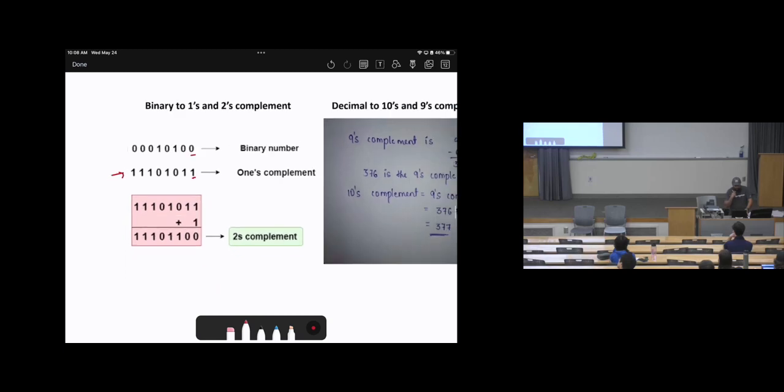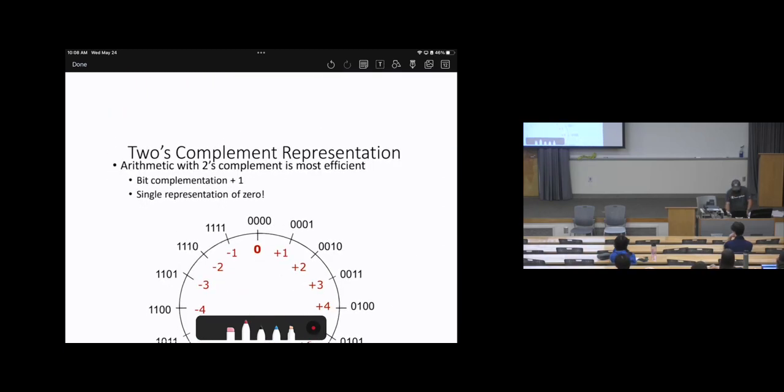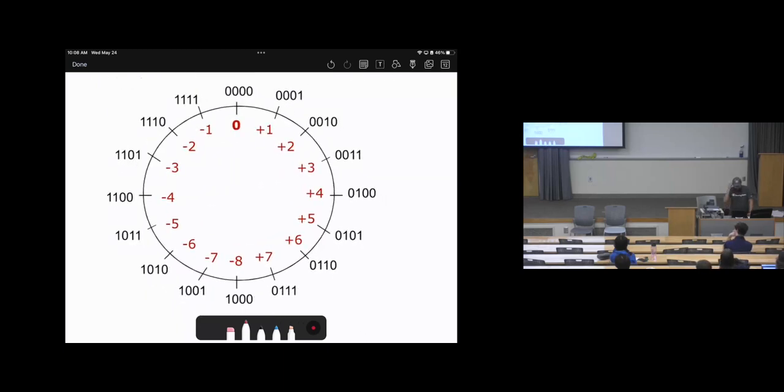The 2's complement representation, if we have a 4-bit register, will be based on this one. By comparing this table with the previous one, in the 2's complement the positive numbers are the same. No change in the positive numbers. In the negative numbers, you will see we add 1 each time.